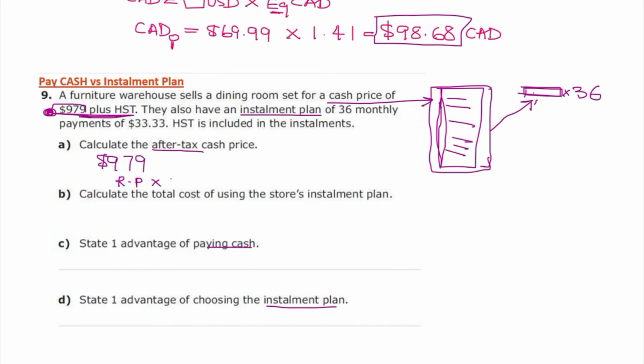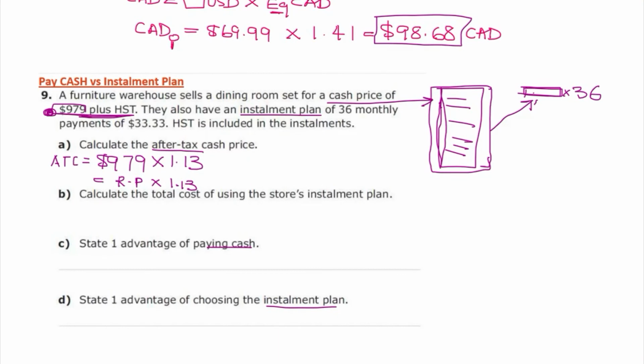Don't forget the magic number, 1.13. Always do that. So you multiply this number by 1.13, and this will give us the after-tax cash price.